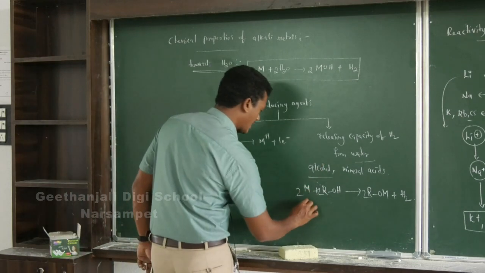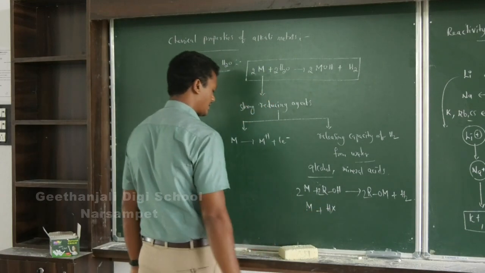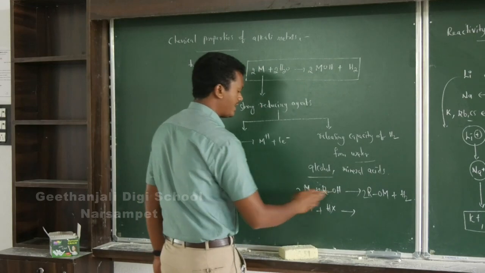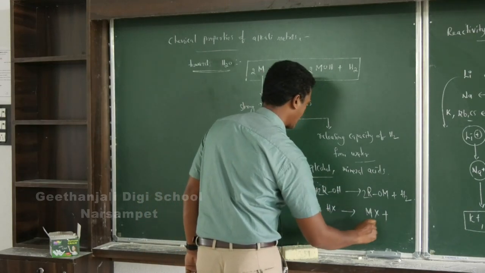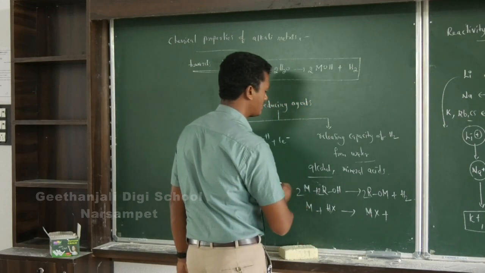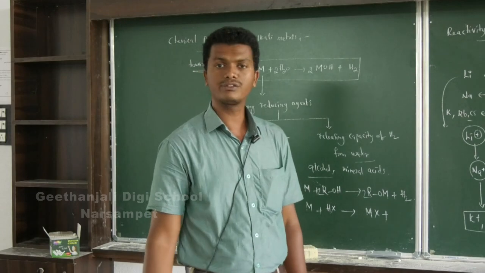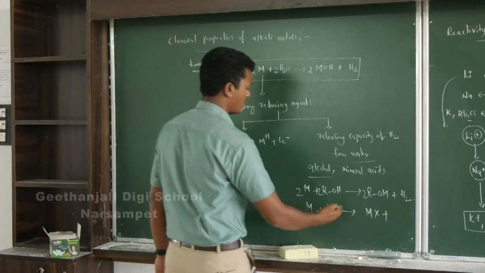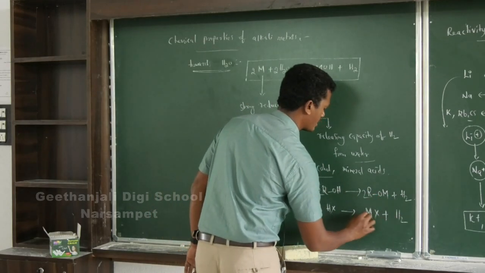Or you take mineral acids, the general formula for mineral acids like HCl, here I am taking HX. When they react with HX, the hydrogen will be displaced from the acids. Being metals, one of the important properties of metals is displacing hydrogen from acids. So these alkali metals also displace the hydrogen from the acids and produce hydrogen gas here.